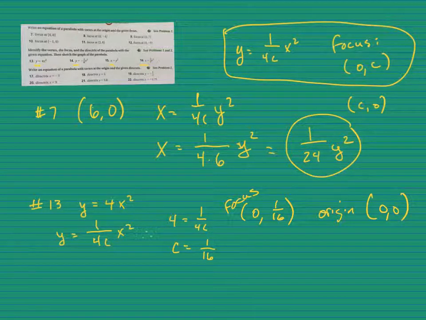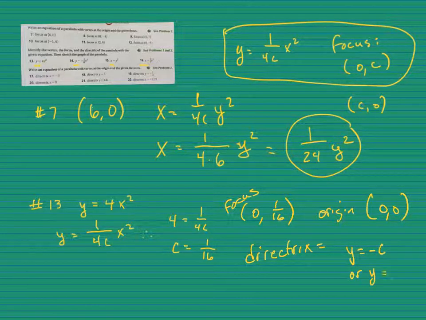And then my directrix is going to be y equals -c, or y is going to be equal to -1/16. So there is some examples there on how to create that equation.